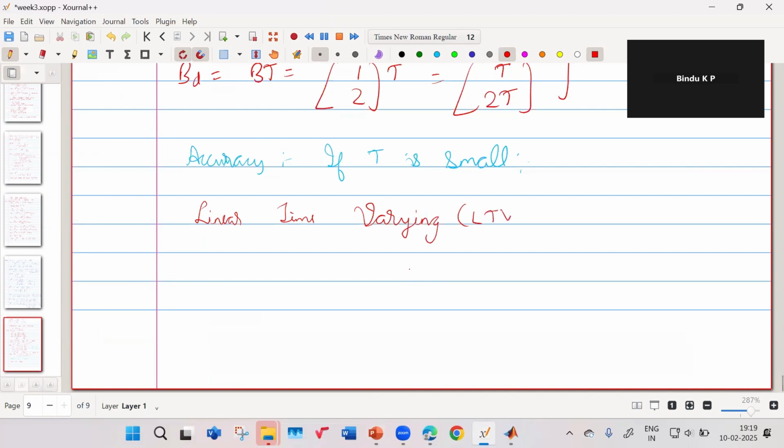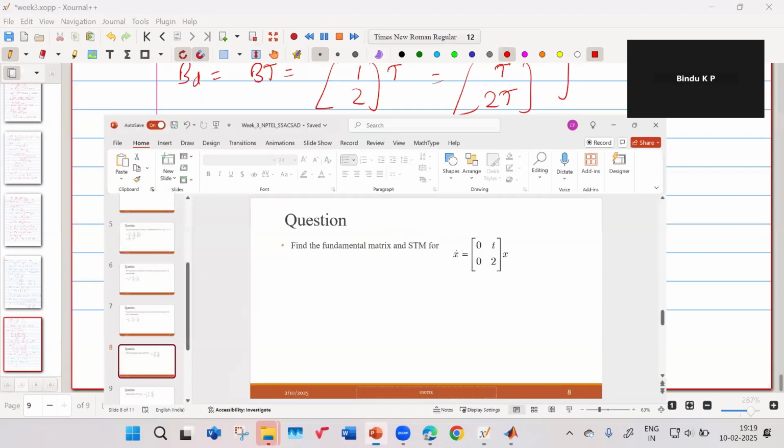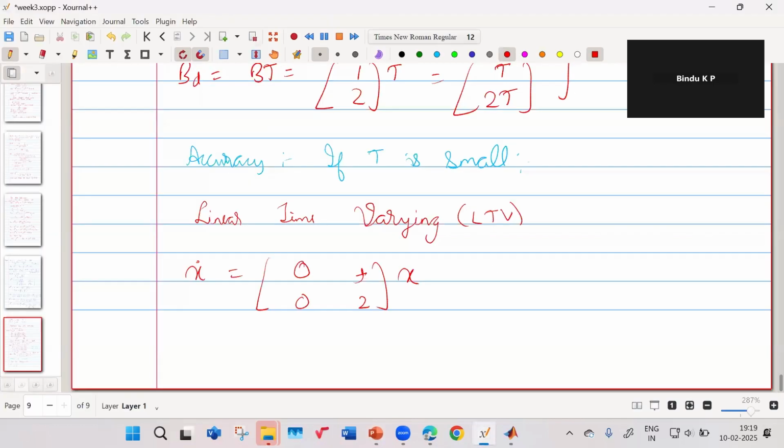That is LTV, a linear time varying system. So our x dot is equal to [0, t; 0, 2] into x. This is our system. We want to find the fundamental matrix and the state transition matrix.